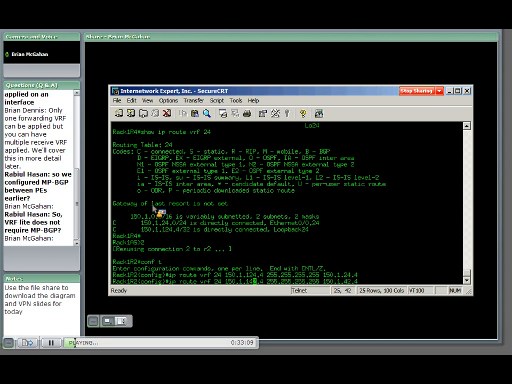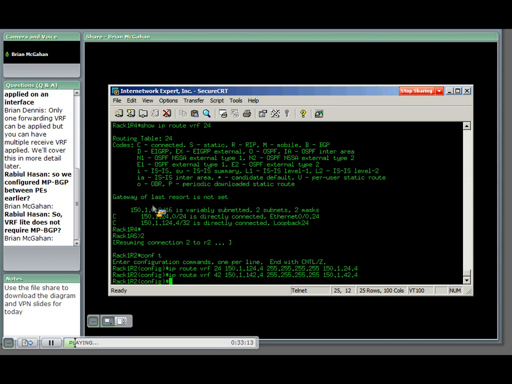142.4, reachable via VRF42. Okay, so if we look at our routing tables here, we'll say do show IP route VRF24.